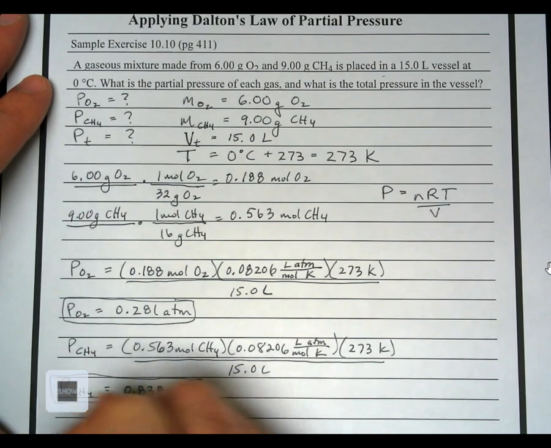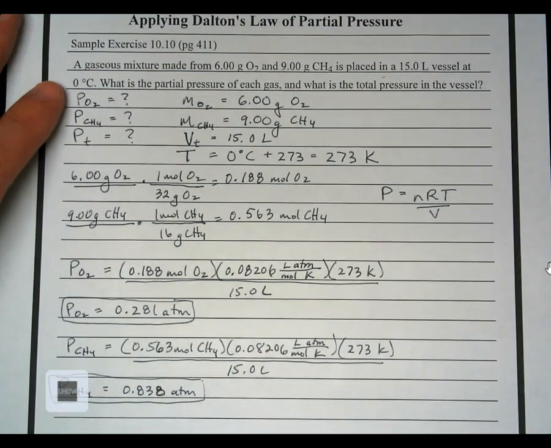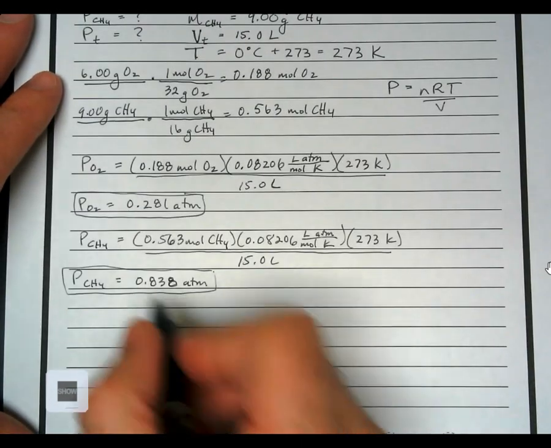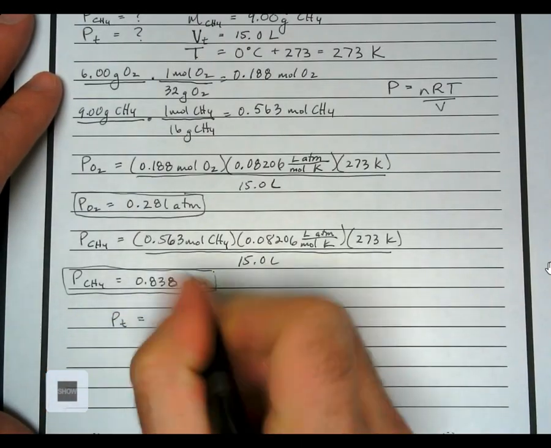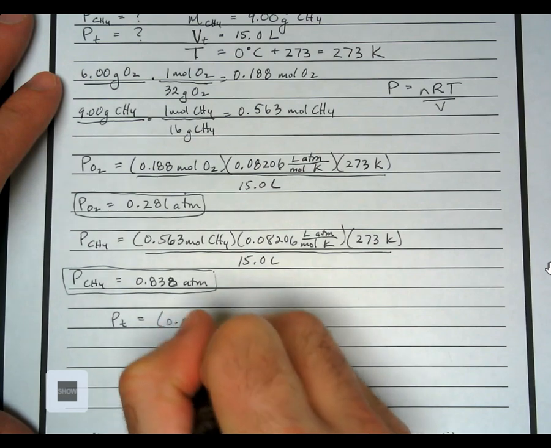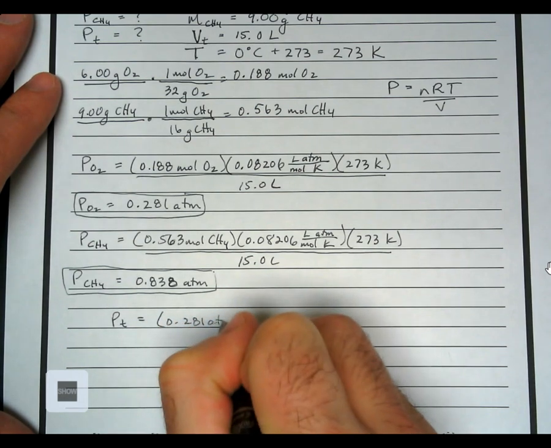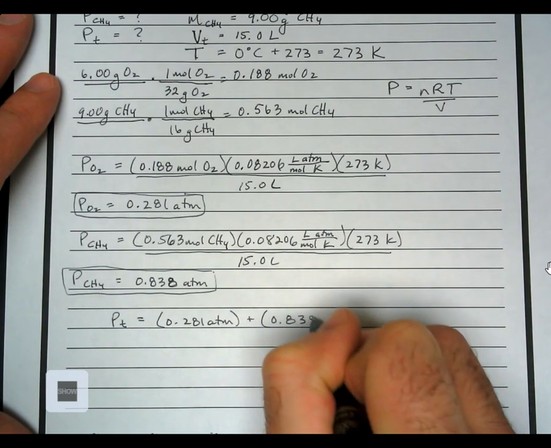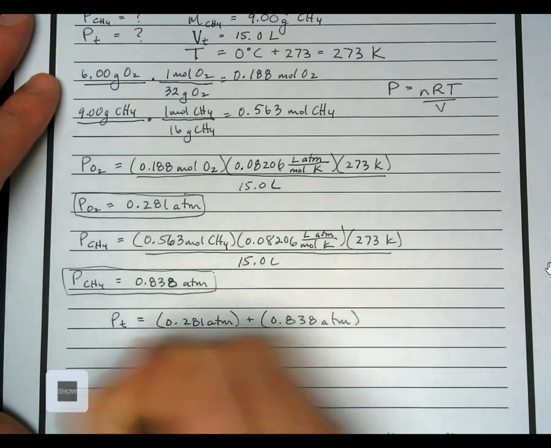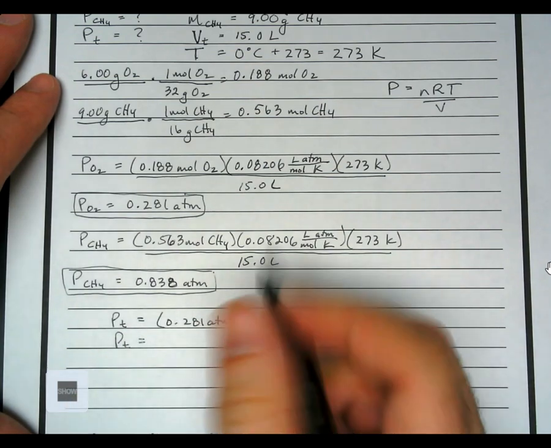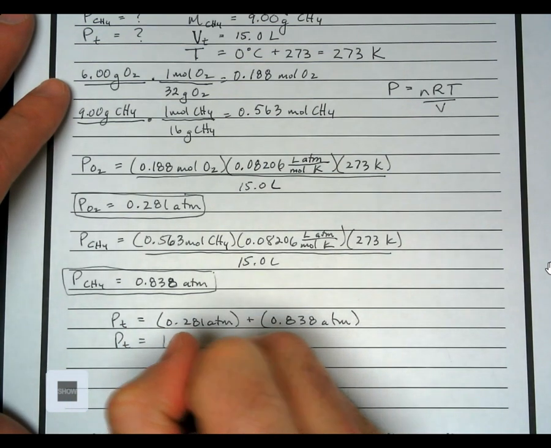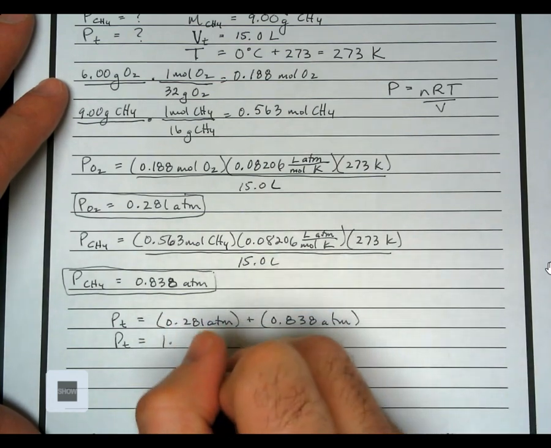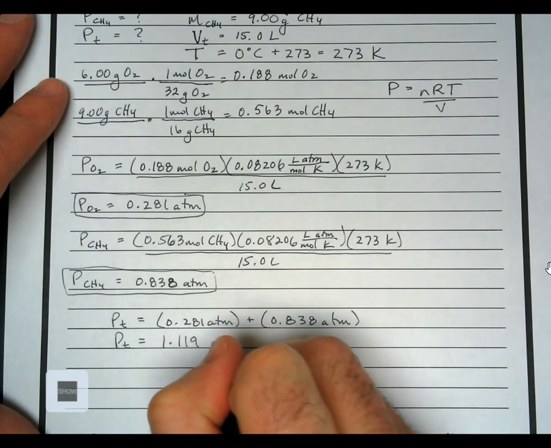Okay, then all you need to do is the pressure total is going to be the addition of those two things. So 0.281 plus 0.838, which means your total pressure comes out to be 1.119 atmospheres.